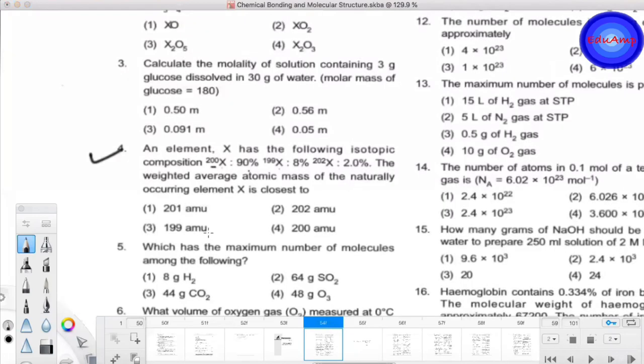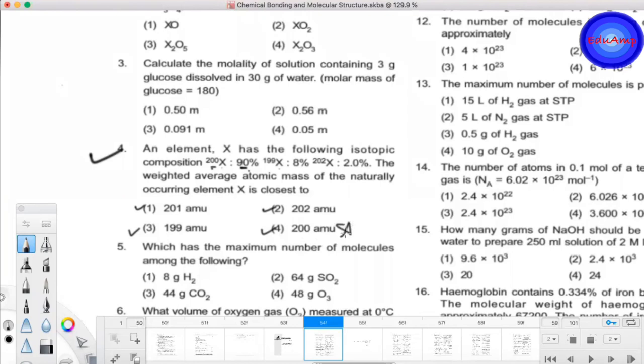Okay. So there is an option of 201, 202, 199 and 200. I'm smart enough to see in this question that 90% abundance is of 200. Therefore, I'm not going to calculate this. Yes, Sandipani, you are absolutely right. I'm directly going with the answer 200.